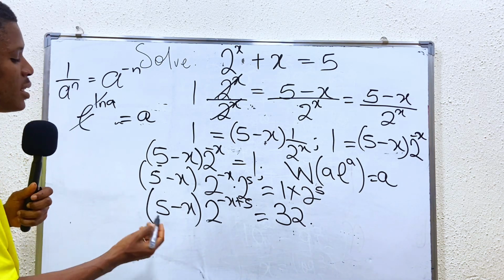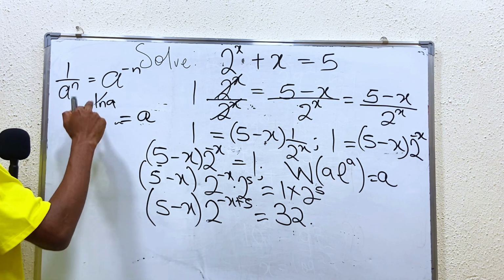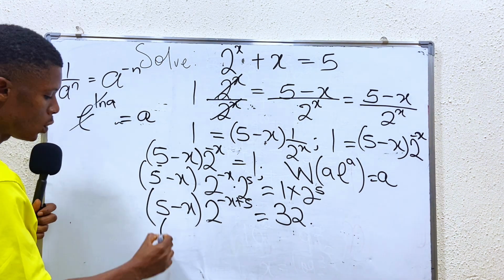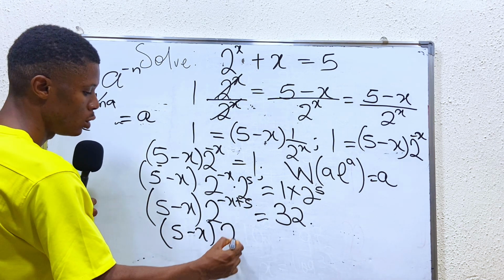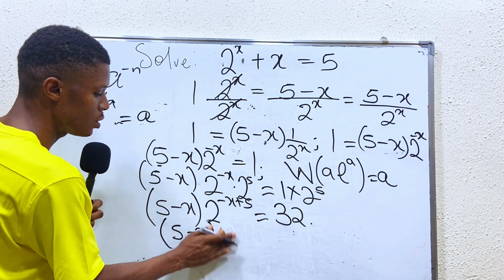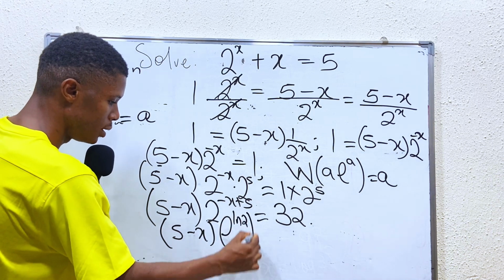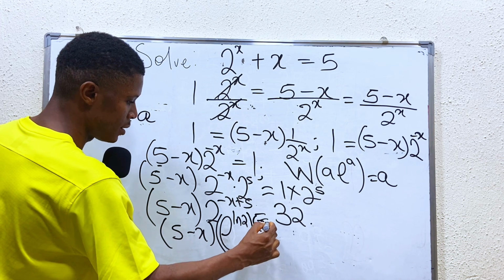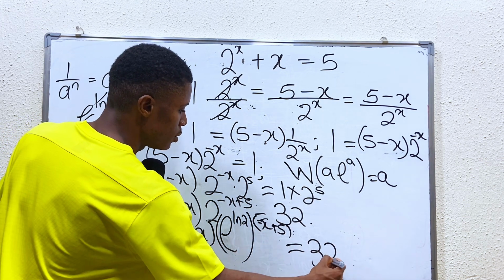So instead of writing 2, I'm going to write exponential to the power of ln 2. It's the same thing. So I have 5 minus x into exponential ln 2, then raised to the power of minus x plus 5 is equal to 32.